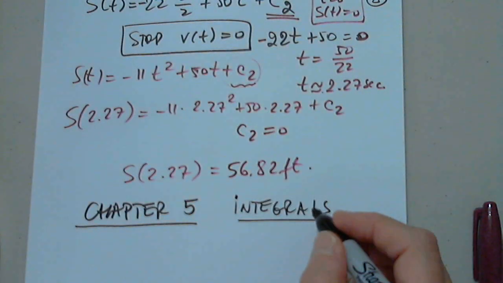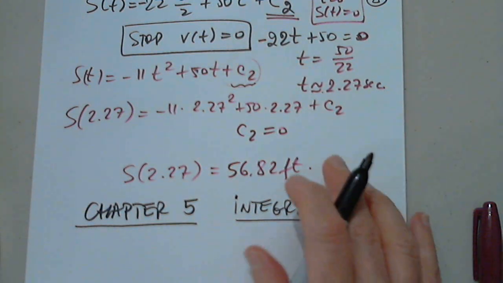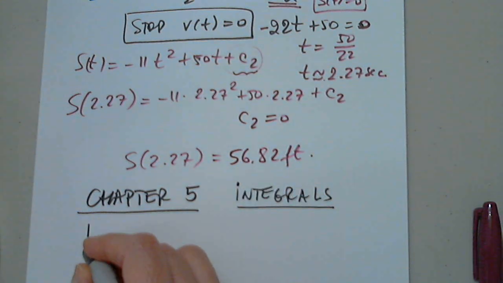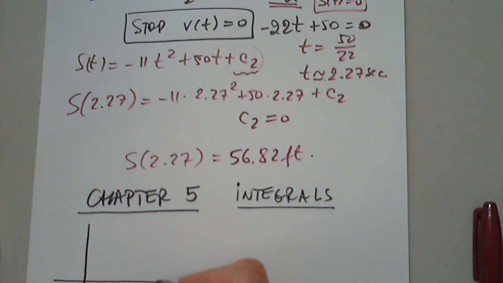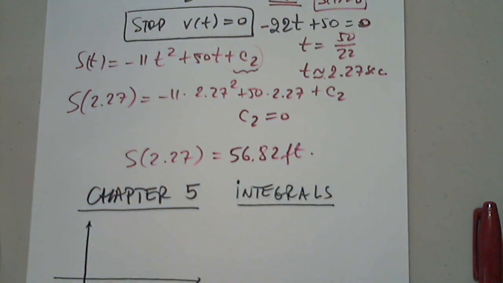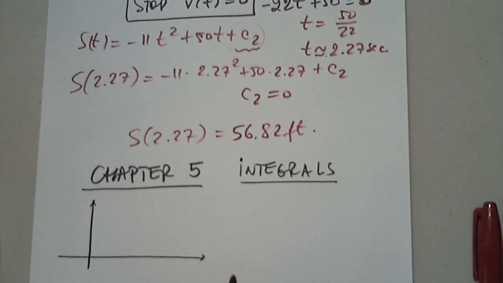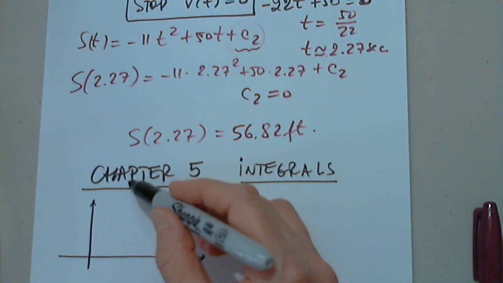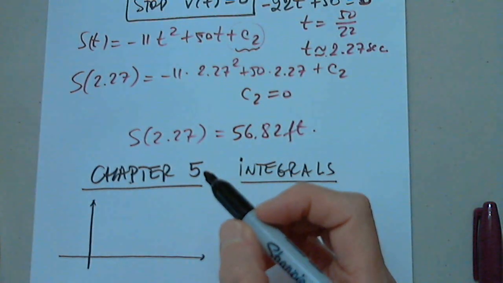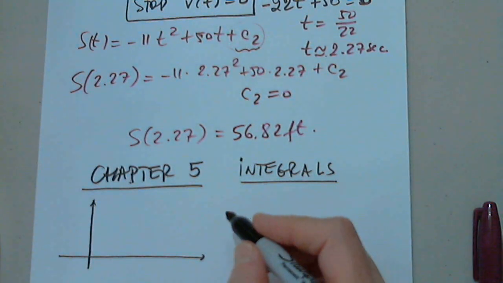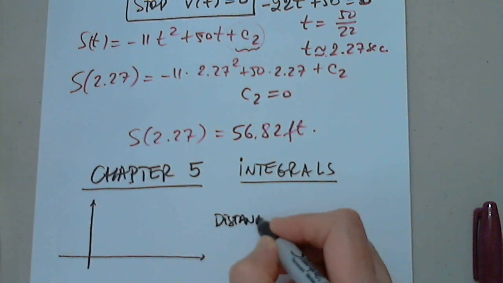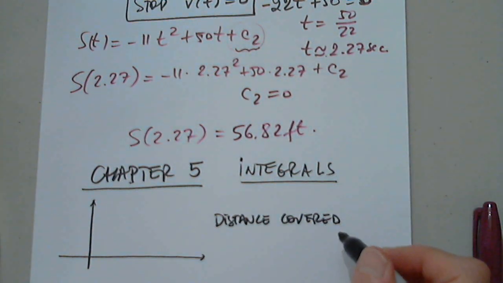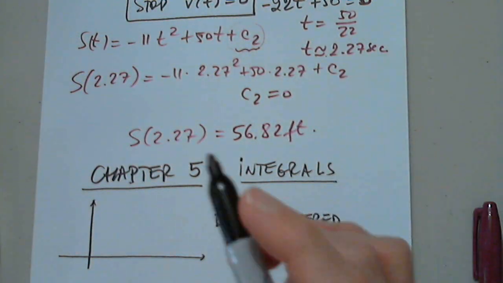So the first thing I would like to do is go back to a few things that we discussed. If you remember, some of the graphs that we looked at in earlier chapters were asking us to find the distance covered by a particle, let's say.